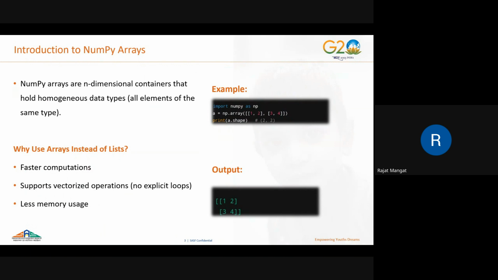It is not so slow that you can see it with the naked eye, but if you go really behind the code and the behind-the-scenes things, then you will find that it is slightly slower than array computations. Also, we will see that in the second point, which is mentioned as support for vectorized operations.